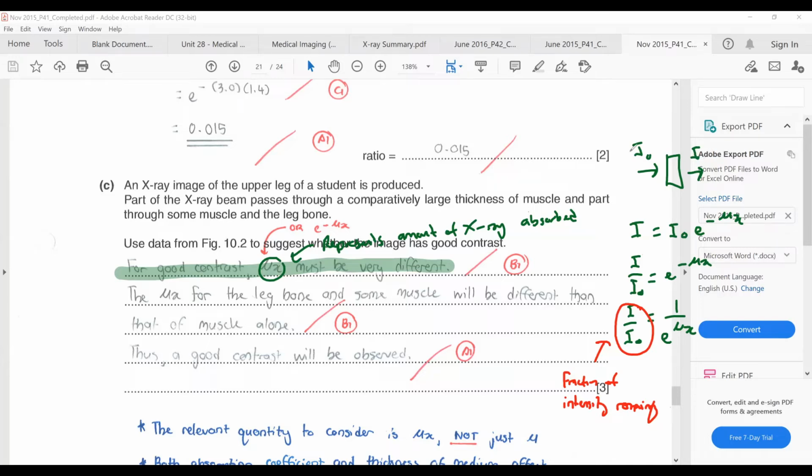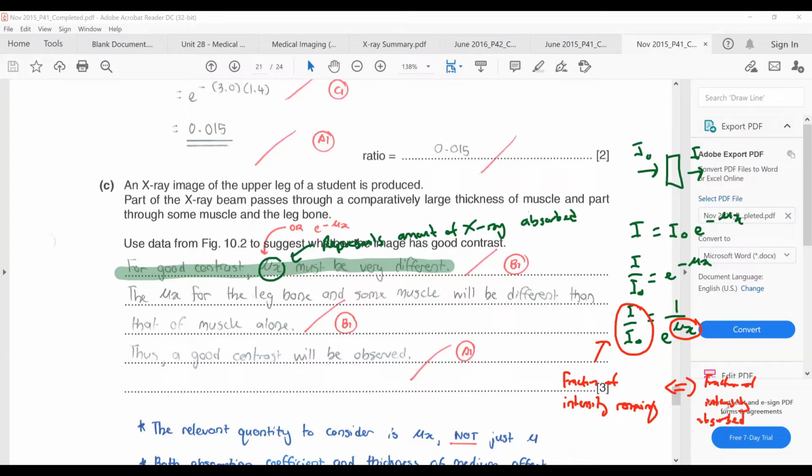If you take final intensity over the original intensity, you will get the fraction of intensity remaining. And this one depends on this. Okay. Now, fraction of intensity remaining has direct correlation with fraction of intensity absorbed, right?